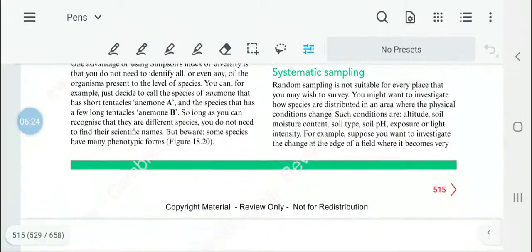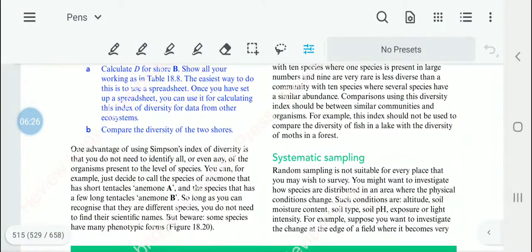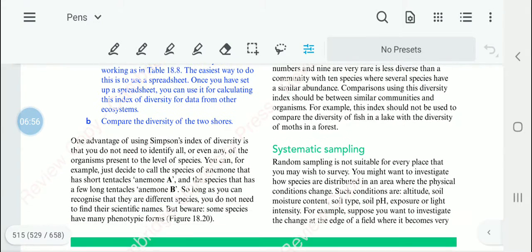Let's write down a note before going on to the question. Write down: when using Simpson's index of diversity, we do not need to identify all or any of the organisms present to the level of species, if we are able to recognize them as different species.